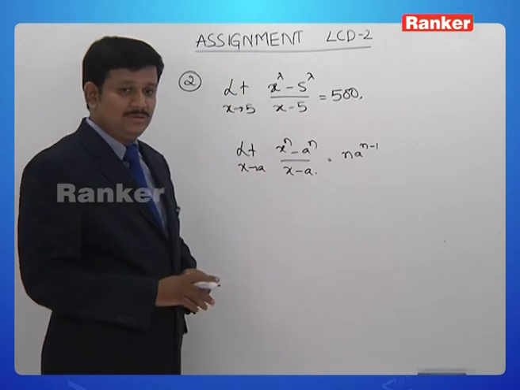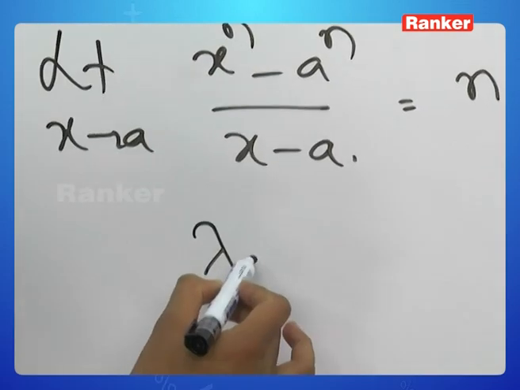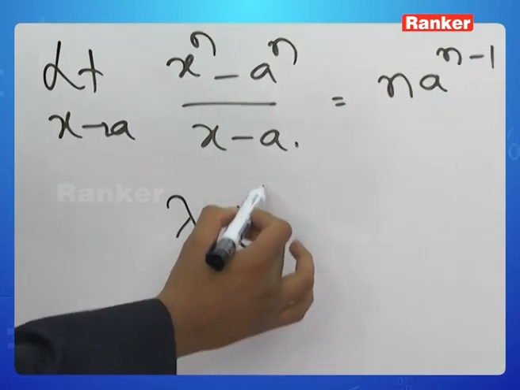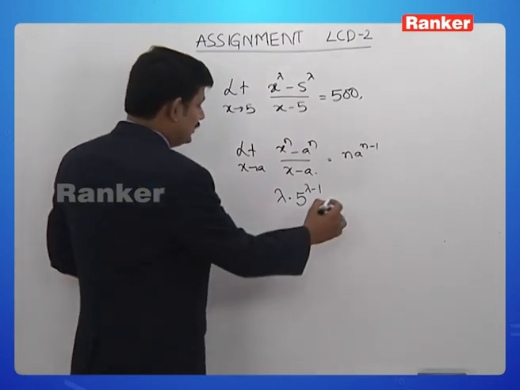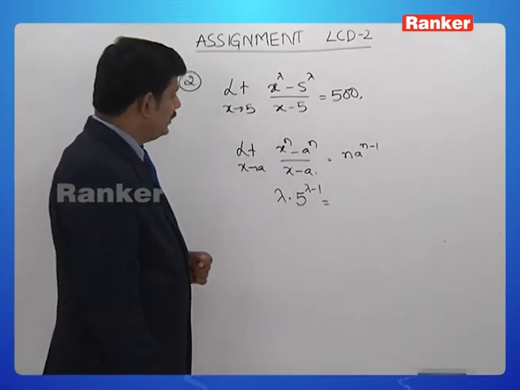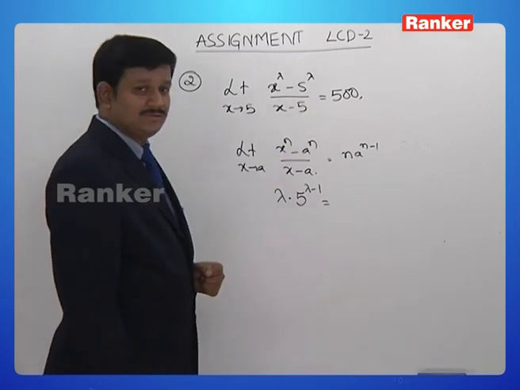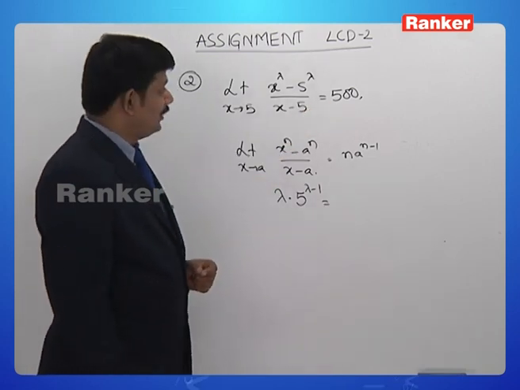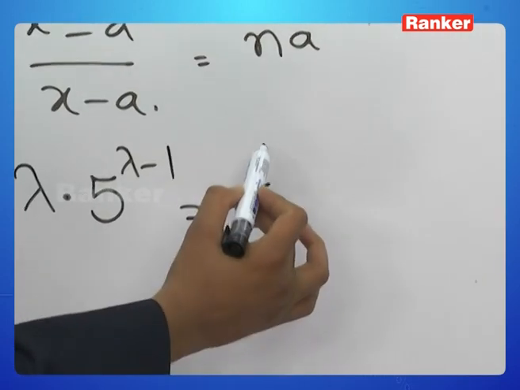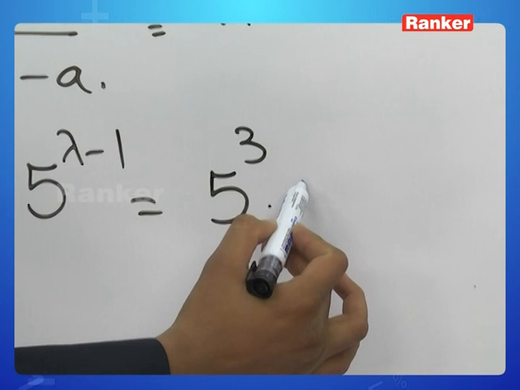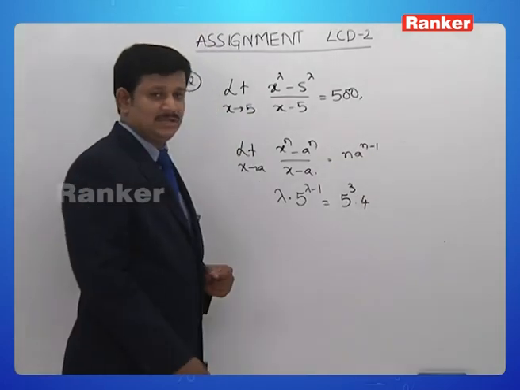So, for this question, the limit is going to be lambda, a is 5 here, 5 power lambda minus 1, and this is given to be 500. Now 500, let us prime factorize it. 500 is 125 into 4, and 125 is 5 cube into 4.